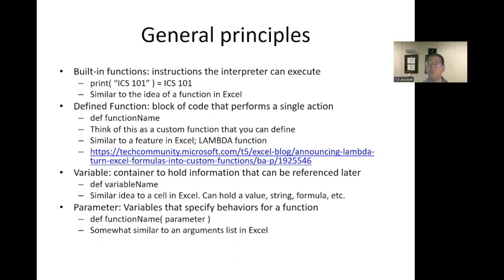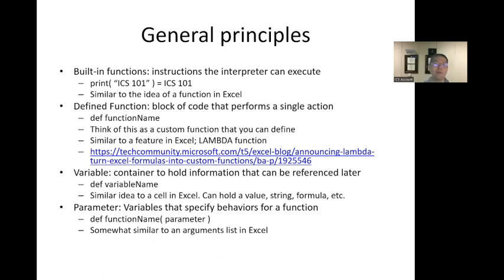Like in cell A1, you can hold a letter, right? You can hold a number, right? You can put a function in there, and you can always reference it when you say equals A1. So you can always call that particular variable. Once you define a variable in your program, you can always refer to it. It's the same idea as Excel using cells.